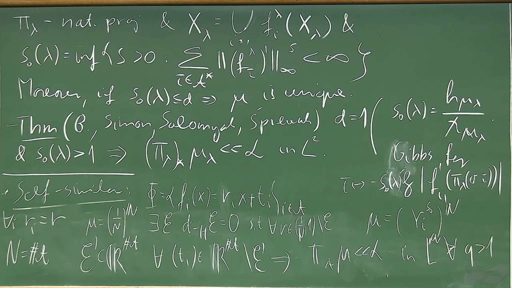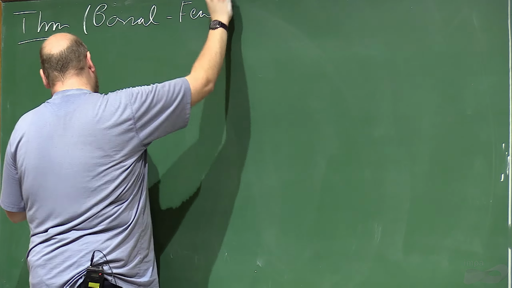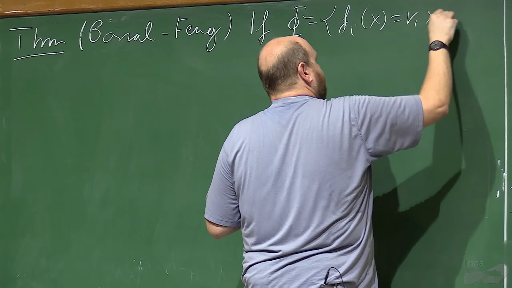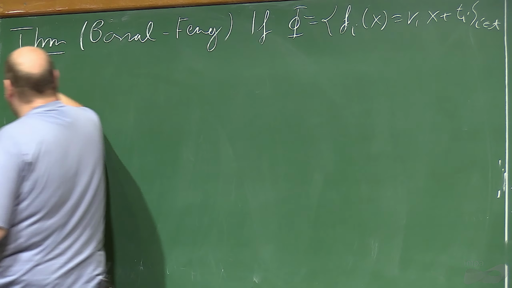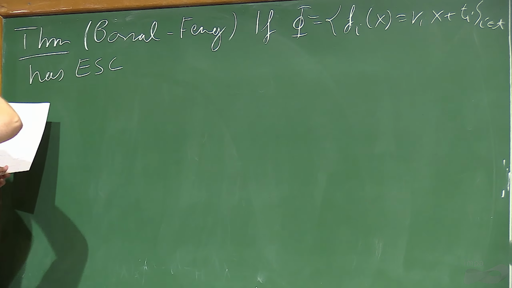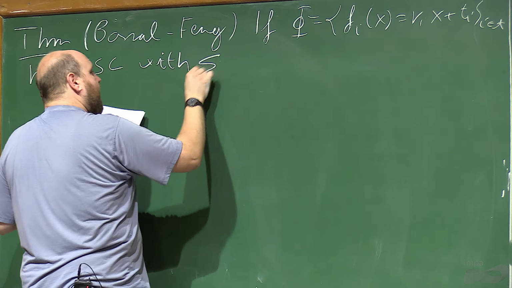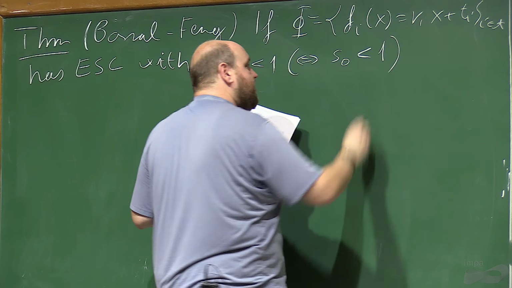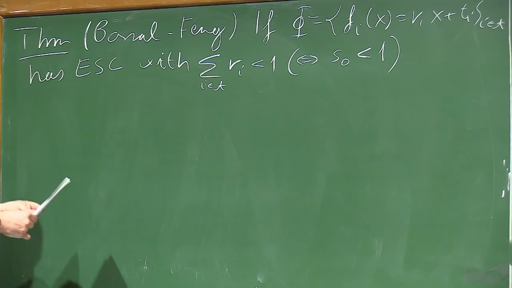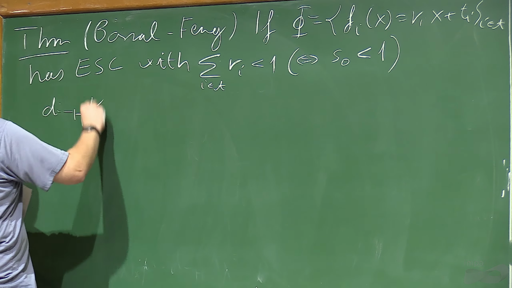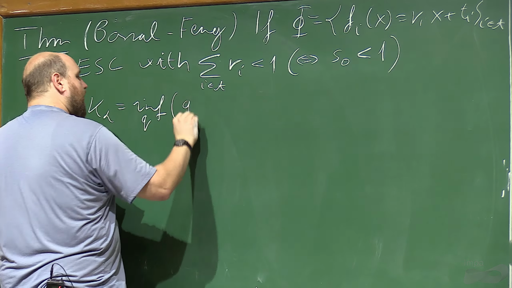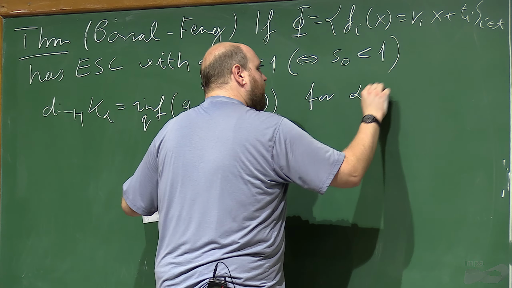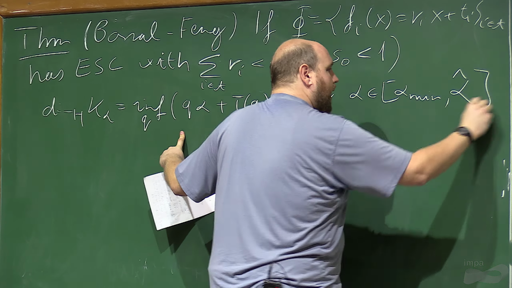There's a theorem by Bárány and Feng, and I again missed the date, but if this IFS on the real line I just described has this exponential separation condition, and you also assume that the sum of the contracting ratios is strictly smaller than 1, which is, as I said, equivalent with the dimension of this set being strictly smaller than 1, then they showed that the Hausdorff dimension of this K alpha is given by exactly the same value, but only for alpha values coming from the interval alpha min to alpha hat.